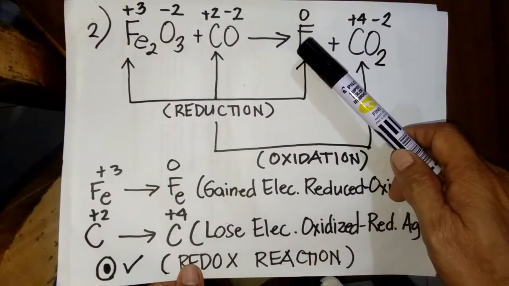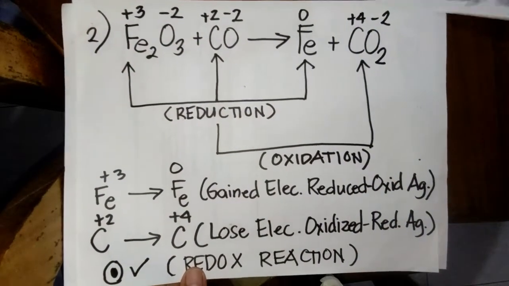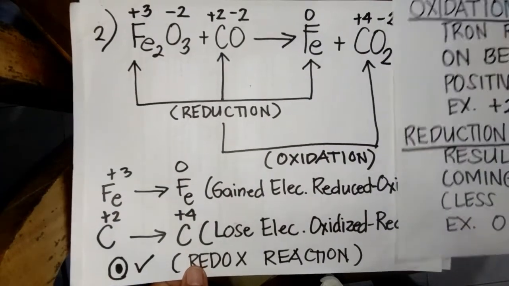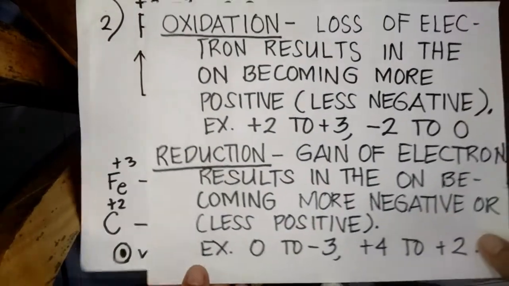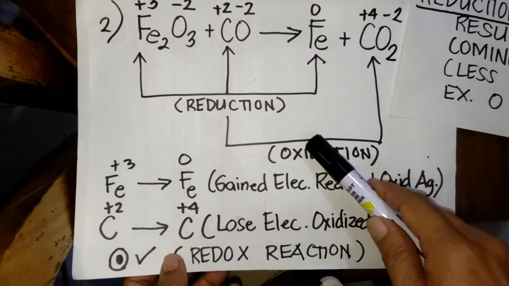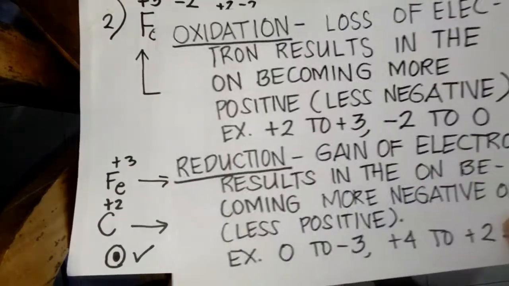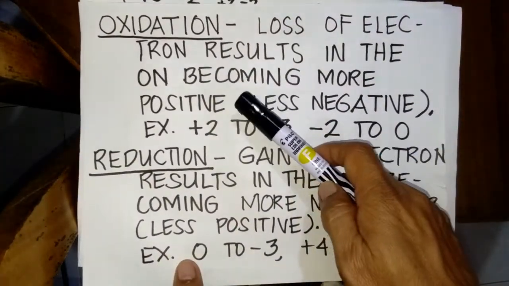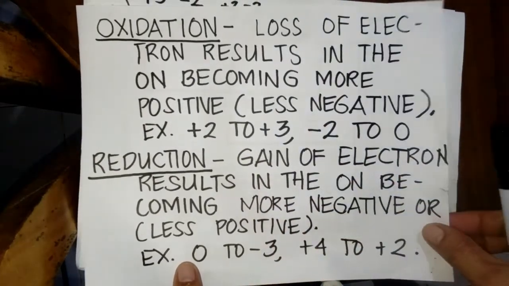Okay, so we will apply the rules by and by. So here are the rules. We will return to the rules, since I have not explained this in the first example. It becomes an oxidation when there is a loss of electron and it results in the oxidation number becoming more positive or less negative.